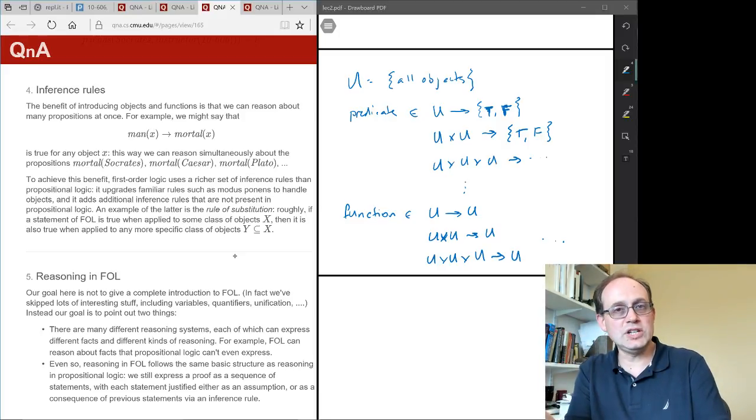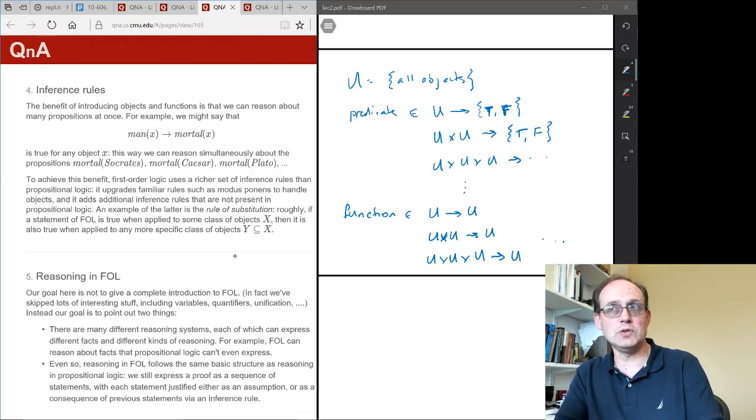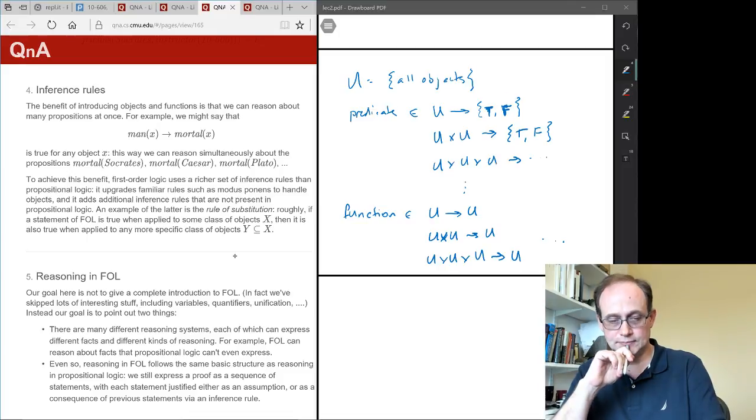And so to achieve this benefit, first order logic has a richer set of inference rules than propositional logic. So it upgrades the familiar rules like modus ponens or De Morgan's laws or whatever to take account of objects. And then it also adds additional rules that don't make sense in propositional logic. So an example of one of those rules is something called the Rule of Substitution.